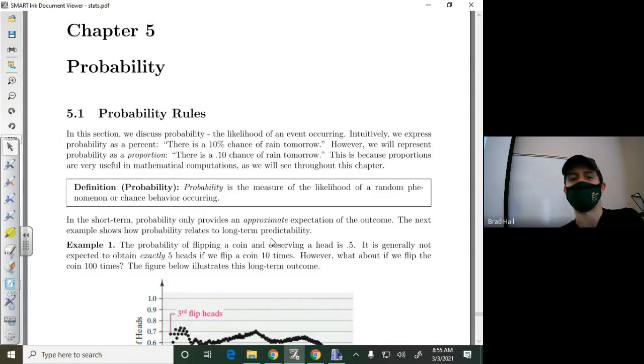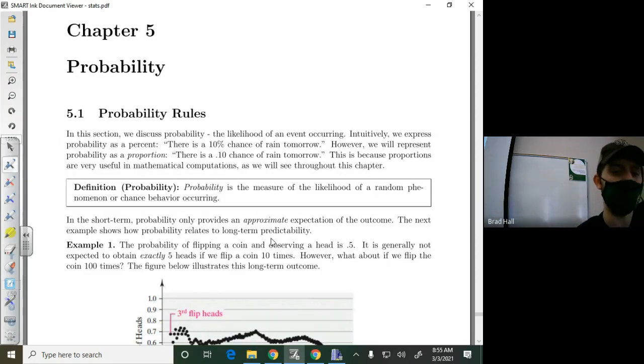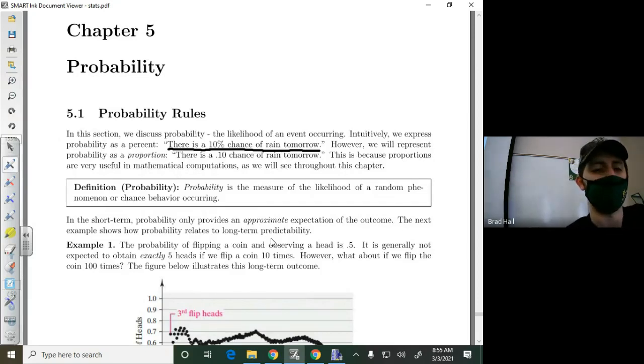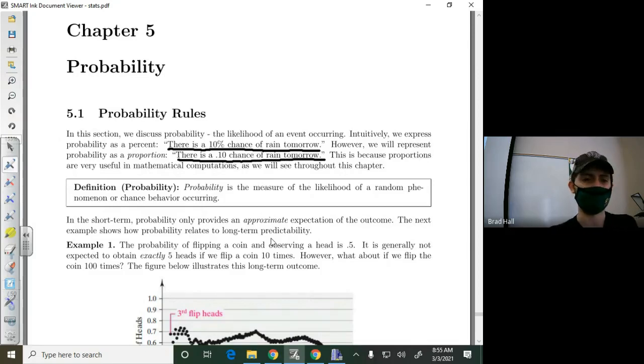So this is different than the percentage. As an example, instead of saying there's a 10% chance of rain tomorrow, our answers are going to be generally formatted as there is a 0.1 chance of rain tomorrow, the proportion of 0.1. And this is because proportions are very helpful in mathematical computations.